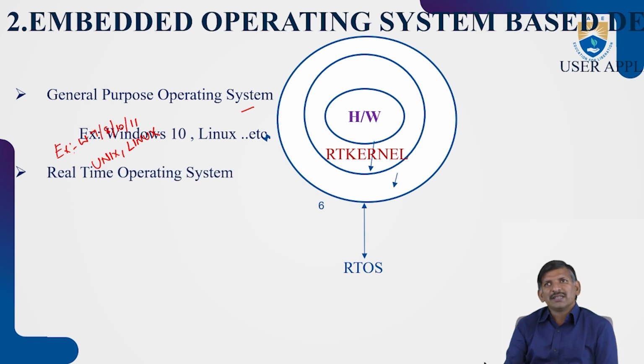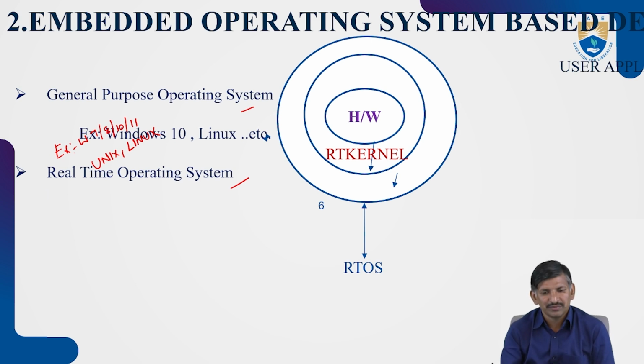Again, in embedded systems, they have some deadlines. Within the deadline, the task must be completed. So for that purpose, we go for a real-time operating system. Real-time means they have some deadlines. Within the deadline, the task must be completed.